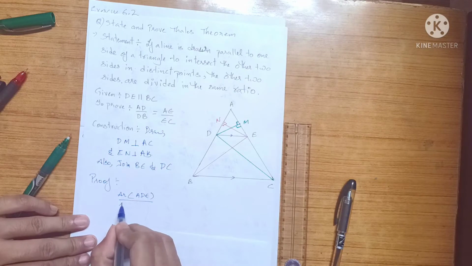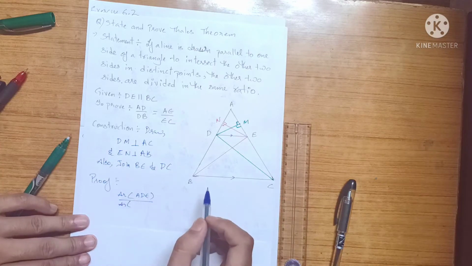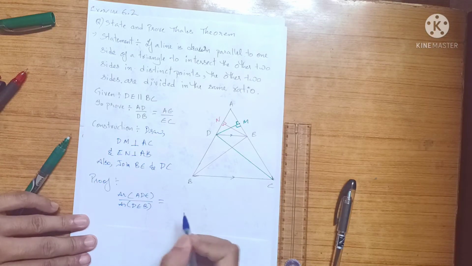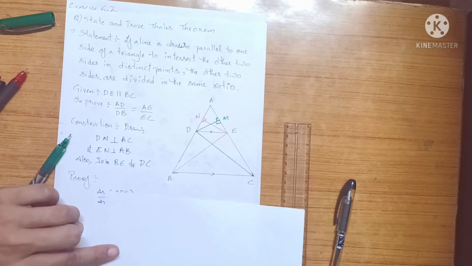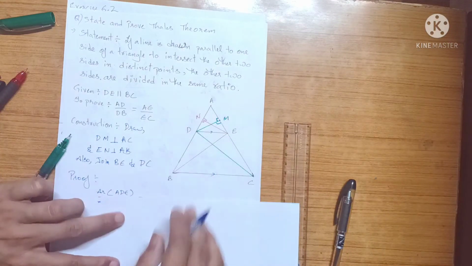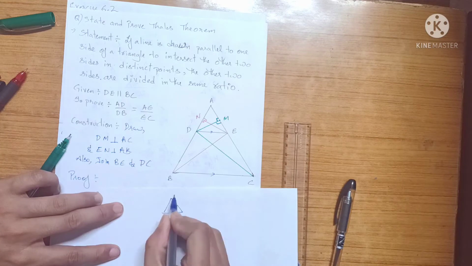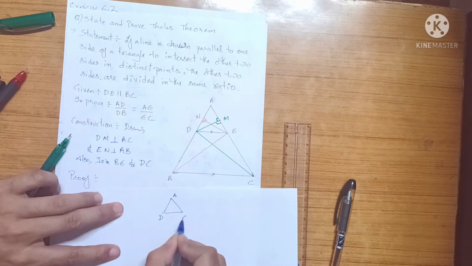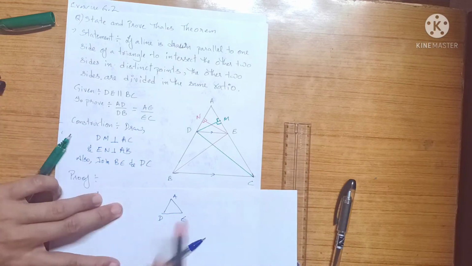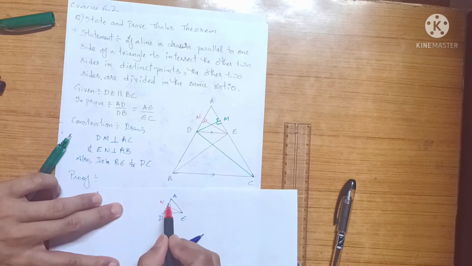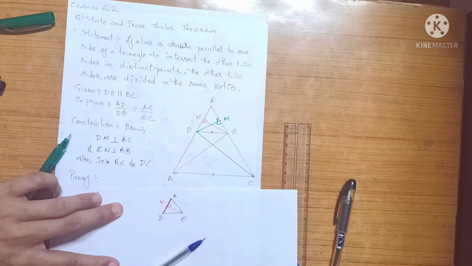Area of triangle ADE divided by area of triangle DEB equal to... for ADE, I'll draw AD here. ADE. This is the height, right? And if we take this as the height, this becomes the base.